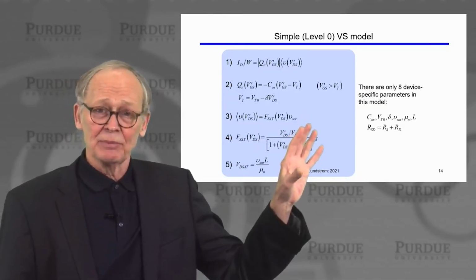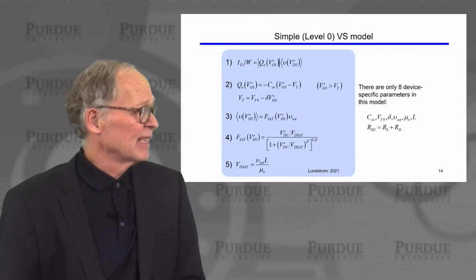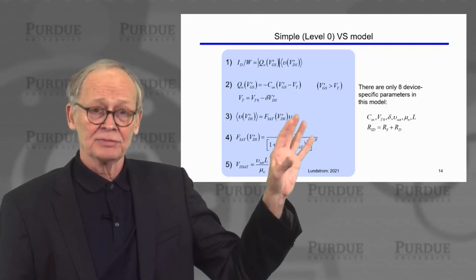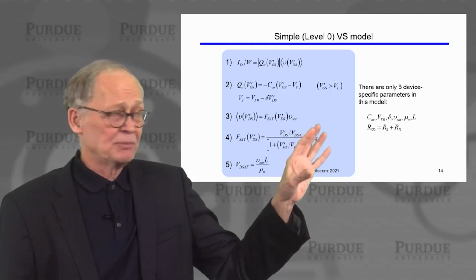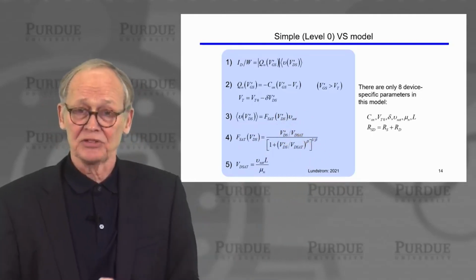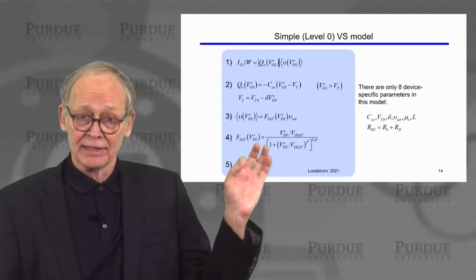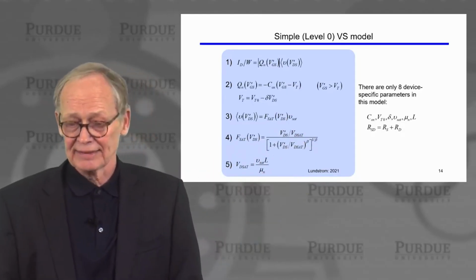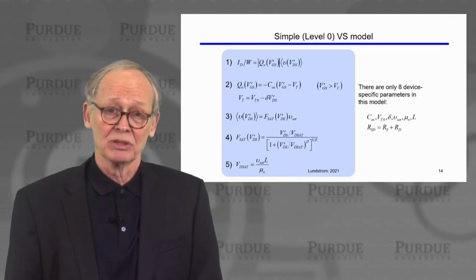There are only 8 parameters in this model. And so it's really a very simple model, but each of those 8 parameters has a very strong physical significance. We've talked about some of them. The little delta is DIBL. Vsat is the saturation velocity. Mu-m is the mobility.